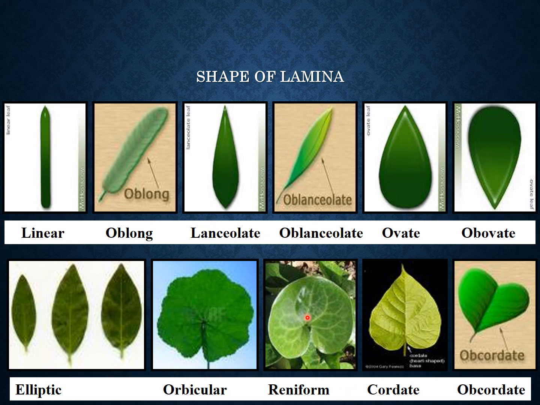Reniform. In case of reniform, length is smaller than the breadth and the outline of the lamina somewhat kidney shaped. Heart shaped lamina is called cordate, like in different ficus plants. Obcordate, reverse of heart shape, like ovate and obovate are the reverse condition, and here cordate and obcordate are reverse condition, and here lanceolate and oblanceolate are reverse condition of each other.